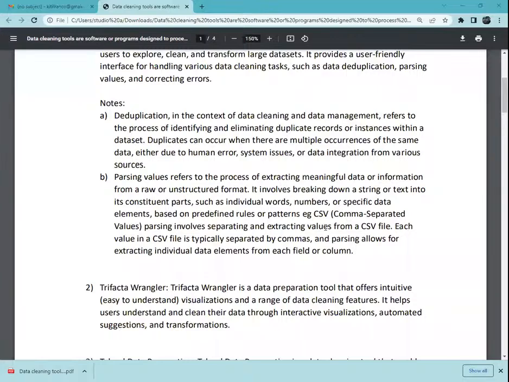So that exactly is what we call the parsing values. You are extracting meaningful data, the information that you would want out of a string of many names, for example. A string of many numbers, I can say, I only want the first 3 digits. And then, of course, in this case here, this particular model will be able to do the extraction for me.